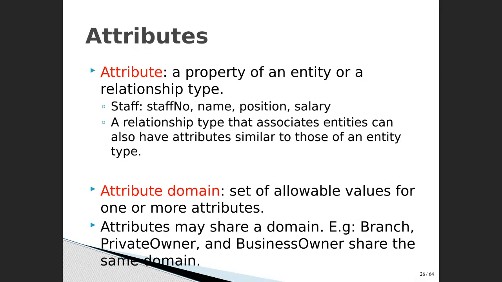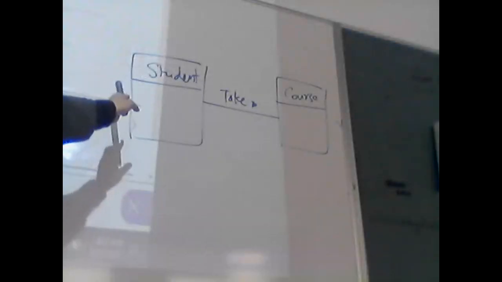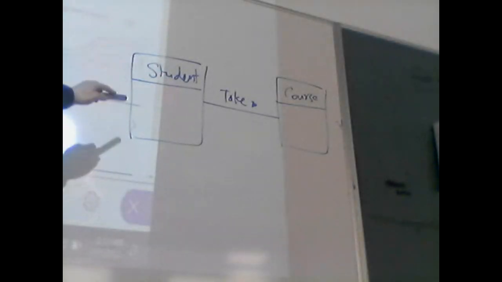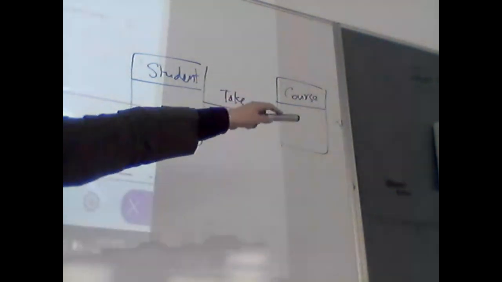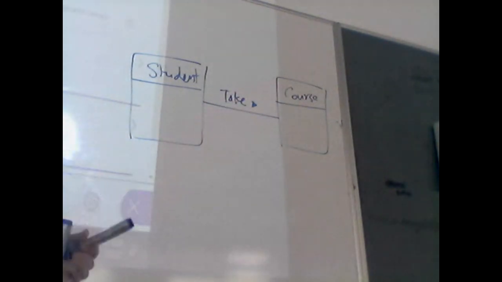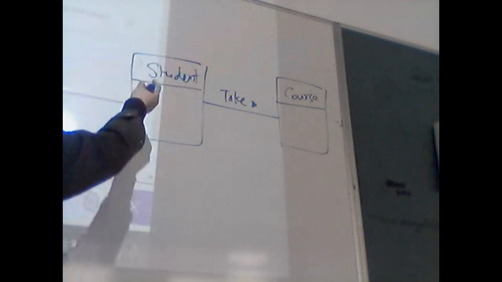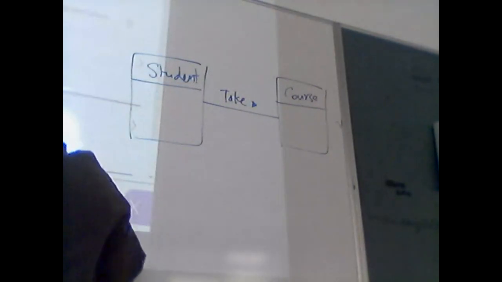Student. Sorry if the voice is not clear because I am a little bit away from the PC. Hopefully you will get the point. So student has many properties that will describe some aspects of this, for example, student takes course.